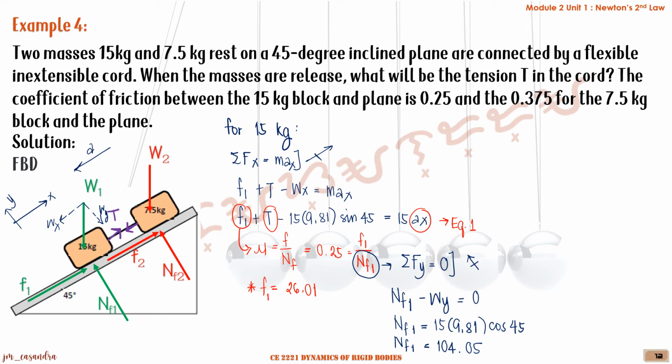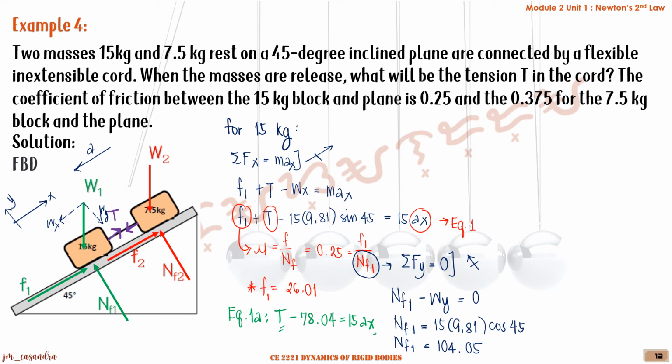So we now arrive at equation 1.8, which is equal to T, that is 26.01 minus 15 times 9.81 sine of 45. Or that is now equal to negative 78.04 equal to 15 ax.